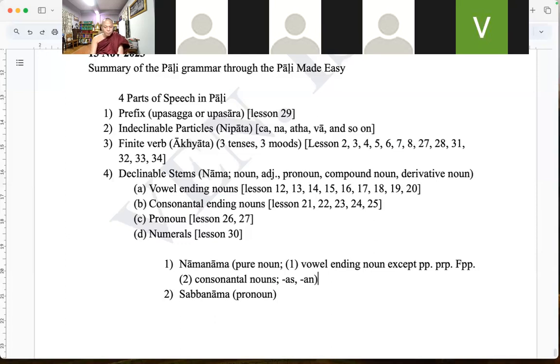These are nama. And the pronoun, we already know that.